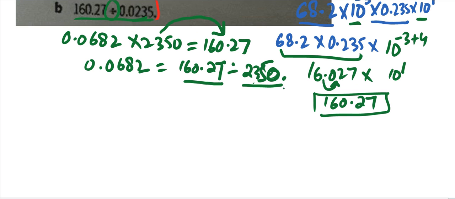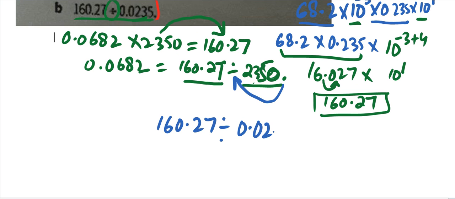The position of the decimal is here, so if I remove this decimal and bring it here, that will become 160.27 divided by 0.0235. Since the number has been decreased, the power must increase, and that would be 10 raised to the power 5. Why 5? Because we have moved 5 digits: 1, 2, 3, 4 and the 0 here, it's 5.